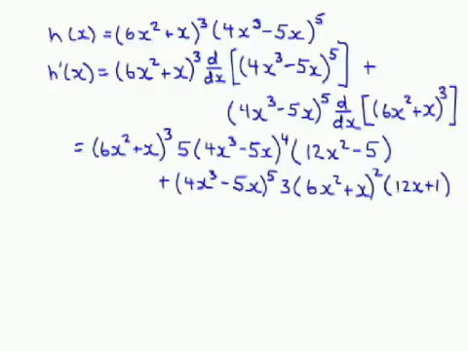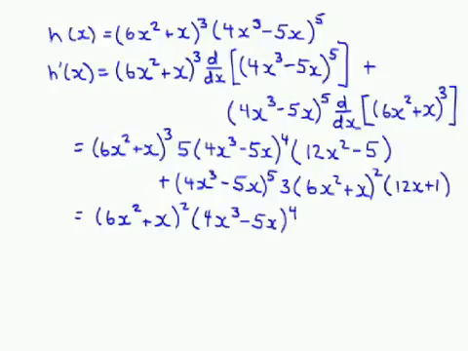The next step, I have to look at the two terms separated by the addition sign and ask myself what's common to both of those terms. You'll notice that I can common factor out a (6x squared plus x) all squared, and I can also common factor out a (4x cubed minus 5x) all raised to the fourth from both of those expressions on either side of the addition sign.